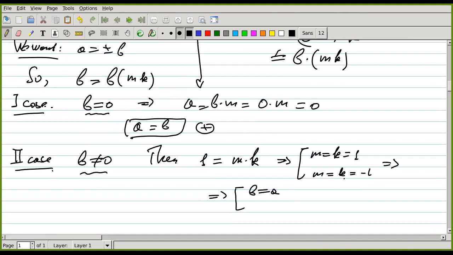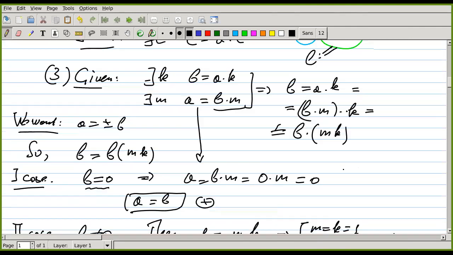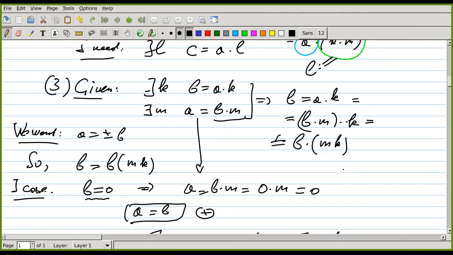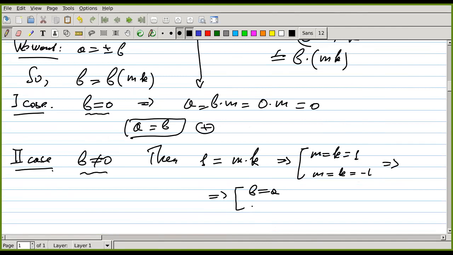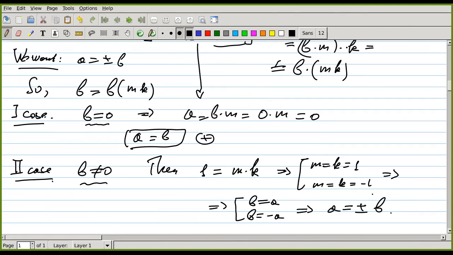And in the second case, when we have minus 1, then b equals minus a, or a equals minus b. Anyway, a and b are the same up to the sign. Is it clear? Yes. So it is obvious.